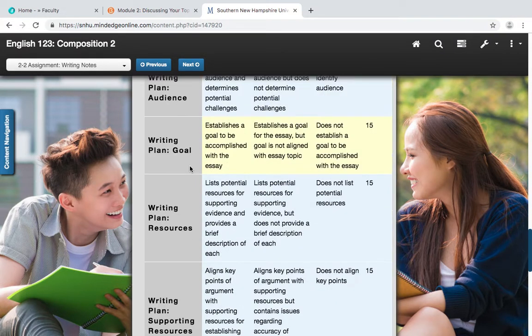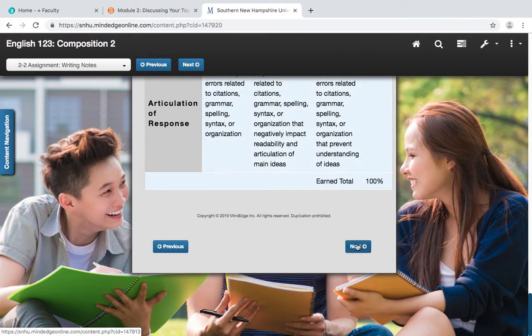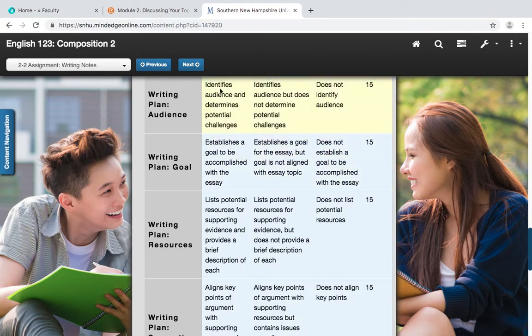And there's a rubric down here, and it tells you again exactly how I'm going to assess it. I'm going to look for the elements underneath each. So if I'm looking at writing plan audience, the student identifies audience and determines potential challenges. If you do that, that's the column you're going to get. That's exemplary. The middle column identifies audience but does not determine potential challenges.